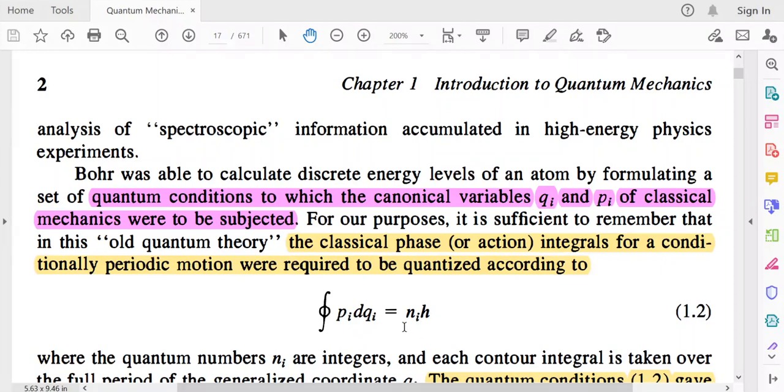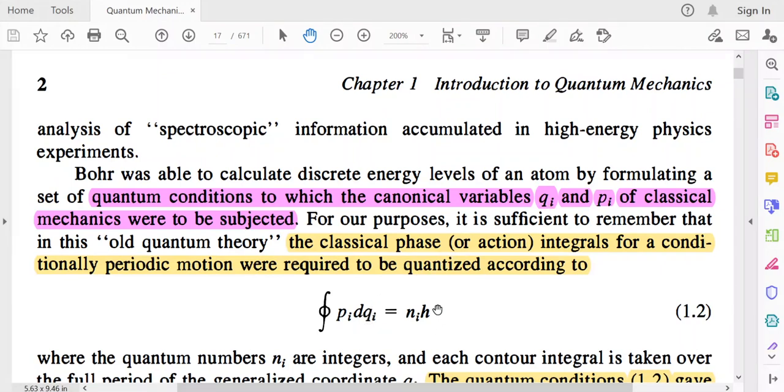But the important thing to note is that this condition has been set up by using the canonical variables qi and pi of classical mechanics. These variables are often used in classical mechanics, but employing them, the quantum condition was set up.